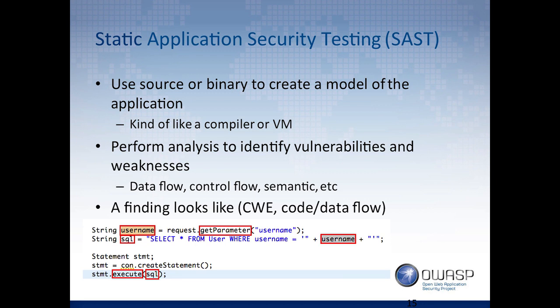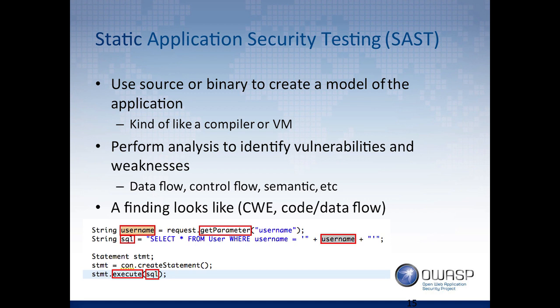And for us, what a unique finding looks like there is, again, the vulnerability type, and then that code or data flow path through the application that the data or the control takes in order for an attacker to potentially exploit that vulnerability.